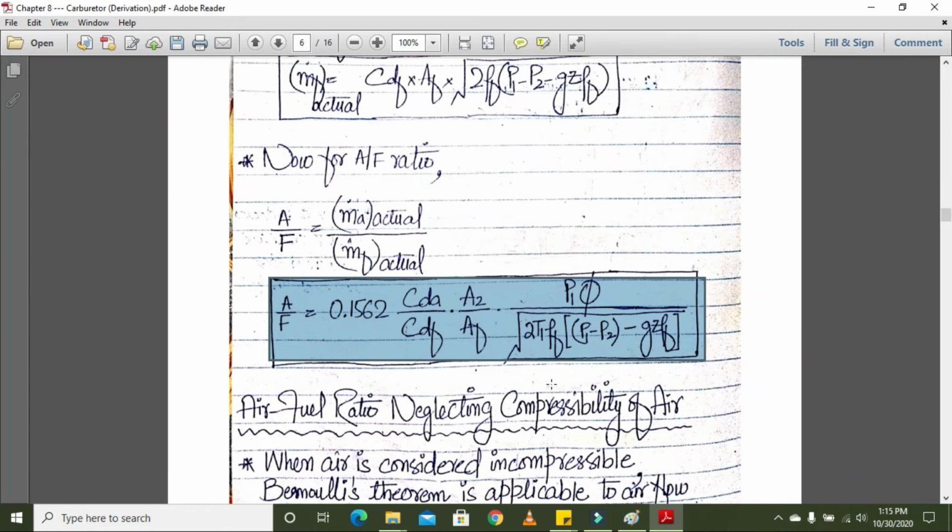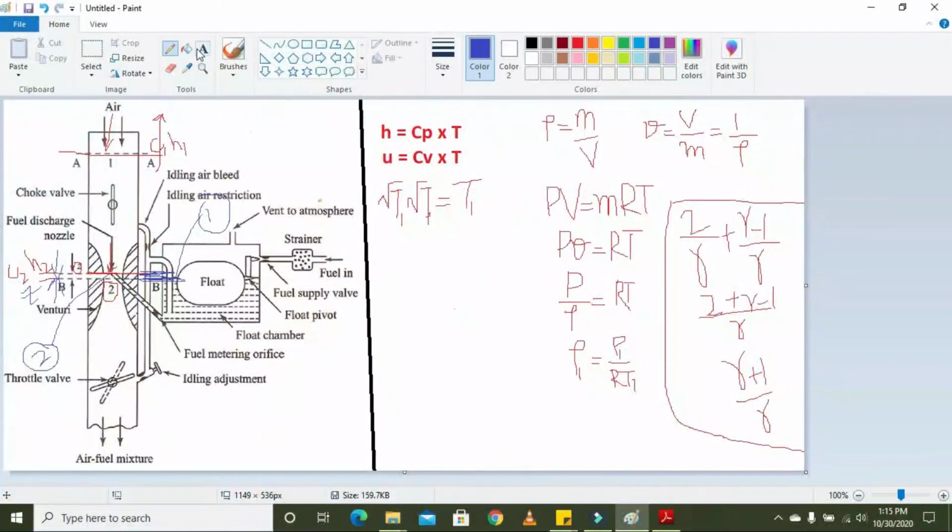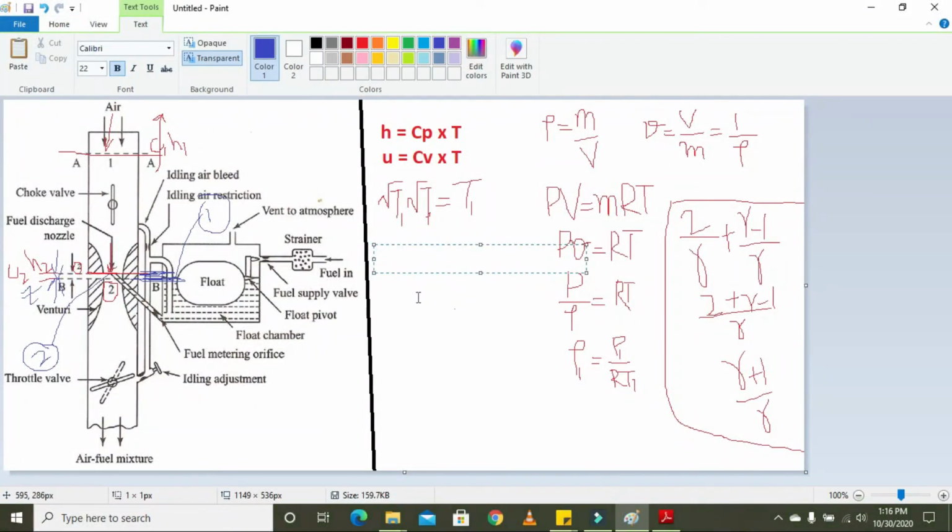If I simply explain the pattern which we have to follow: first of all, we would obtain the relation for mass flow of air, then for mass flow of fuel, then we will determine the relation for the air fuel ratio.